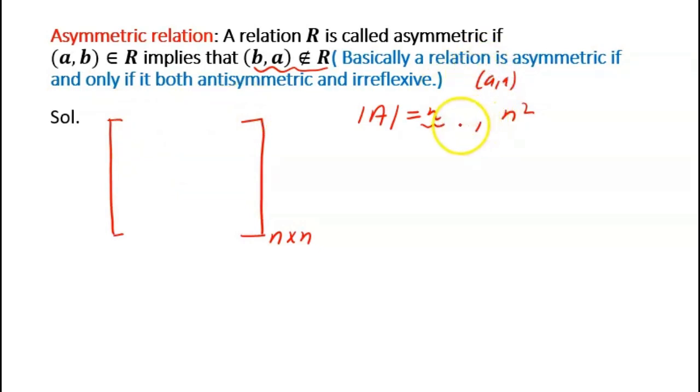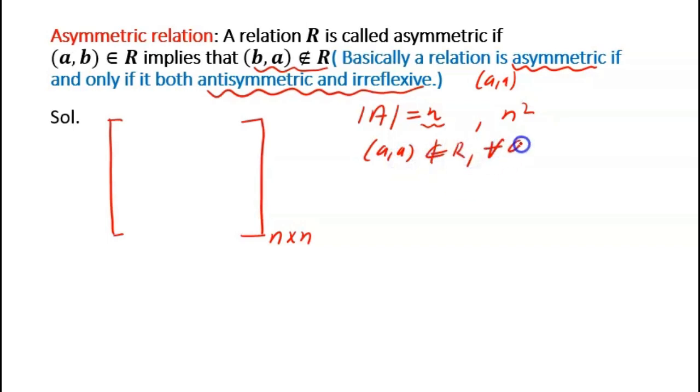So basically a relation which is asymmetric should be both antisymmetric and irreflexive. Irreflexive means that there should be no a,a elements in R. This should be true for all elements a in the set A. It means we should be placing zeros along the main diagonal. All the elements must be equal to 0, right?